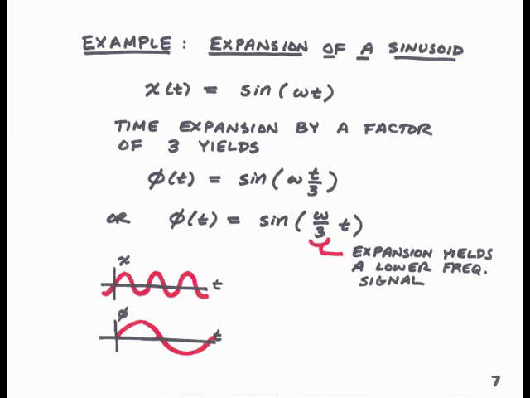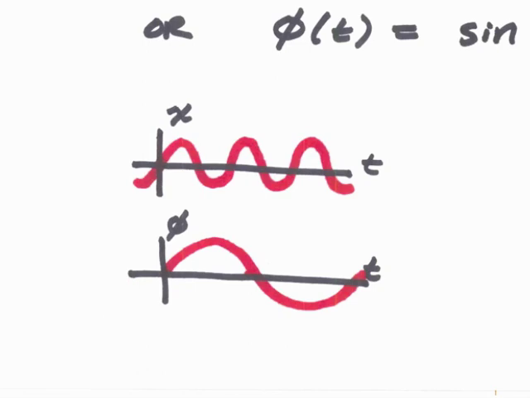The frequency is now omega over 3. So our first signal, x, is shown here in the bottom left, and then our new signal after time expansion is shown below it. And you note it's at a lower frequency, a 3 times lower frequency than before.